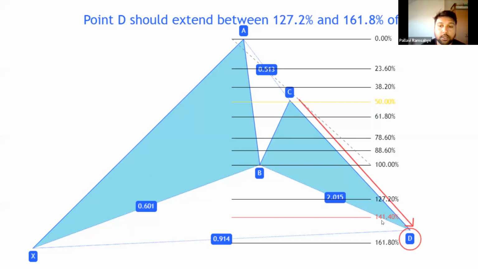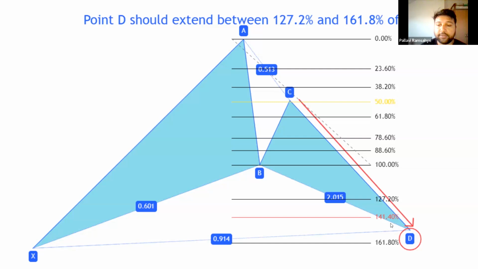Second of all, you want the candle to close between this area, between these percentages. If the candle closes above this percentage, or below, should I say, it makes the pattern invalid. So you want to make sure that you're not getting into the trade too early, okay? You want to make sure the pattern is formed first.